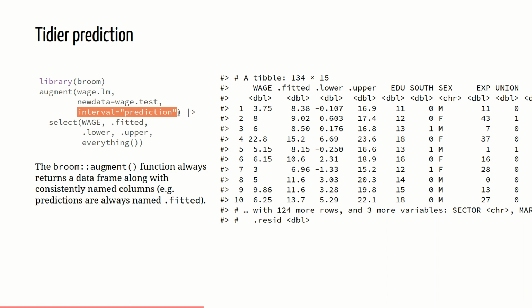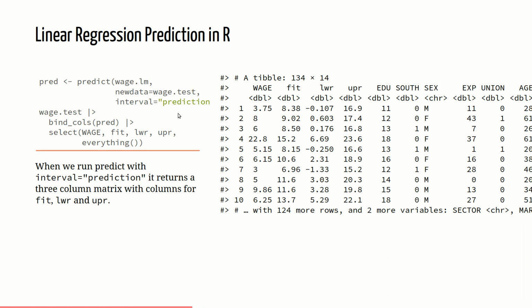And you can do interval prediction in the same way that you would for normal predict. The other advantage that augment has over predict is it is the same across model types. So, for example, back here, the predict function for the linear model returned columns of fit, lower, and upper. Other model types might give you a matrix with 3 columns, or might give you a data frame with 3 columns, or might give you something else. Those columns needn't be named the same thing.